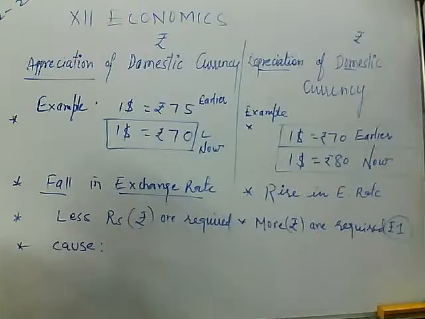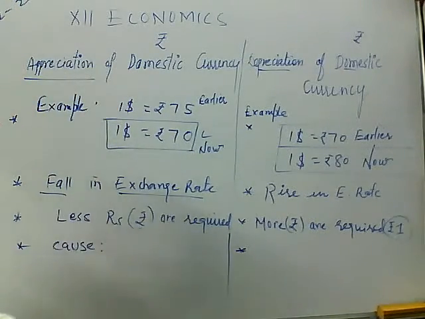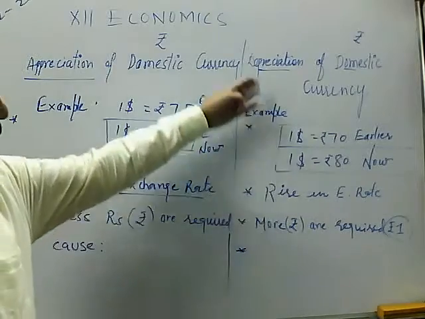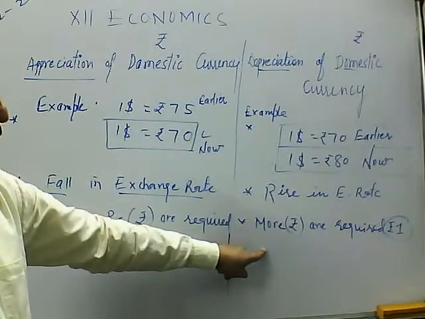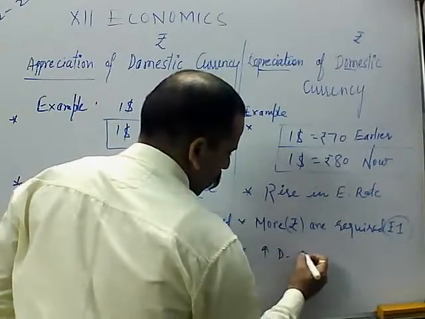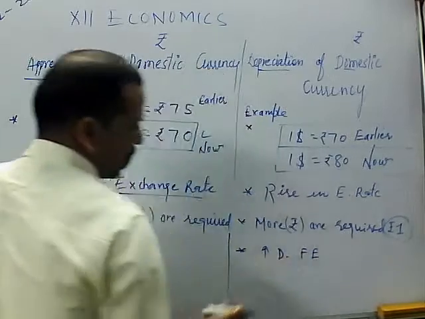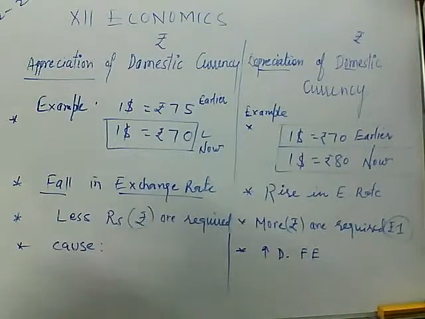Understood? And here, if we talk about the causes, then increase in the demand for foreign exchange from their point of view. Okay, increase in the demand for foreign exchange.